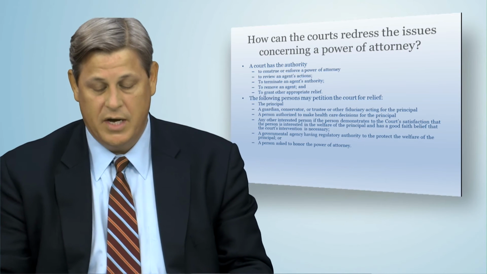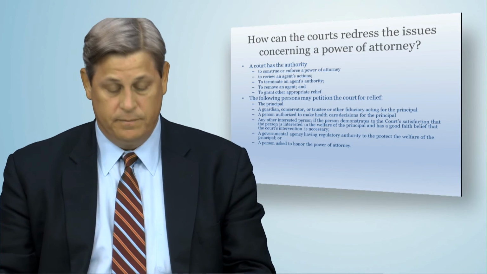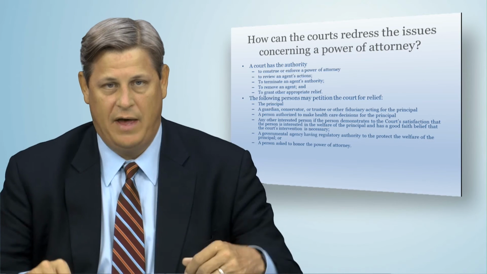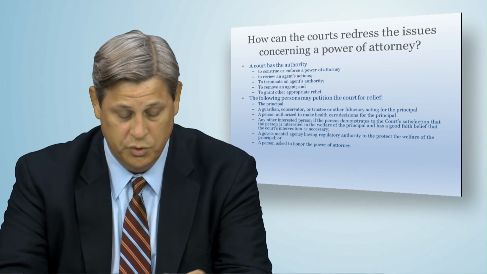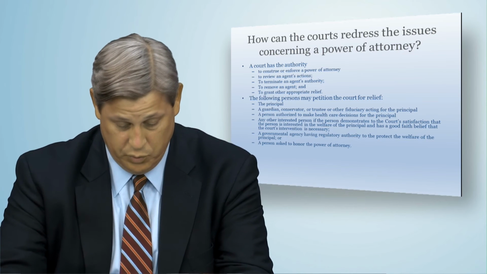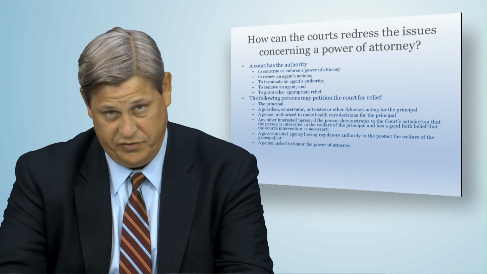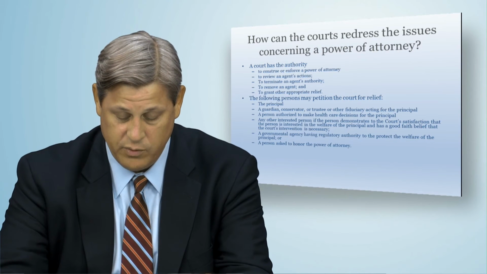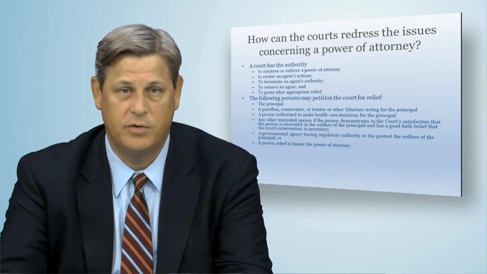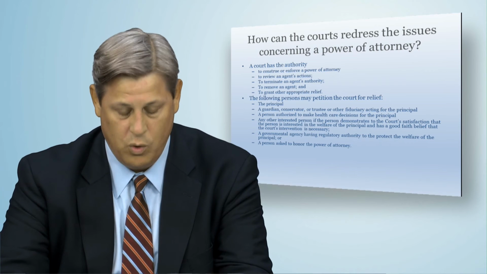Now, who's going to be entitled to ask the court for relief? The principal himself always has the power to ask the court to review, construe, interpret, and consider the actions taken by the agent. A guardian, conservator, or trustee or other fiduciary acting on behalf of the principal may seek redress from the court.